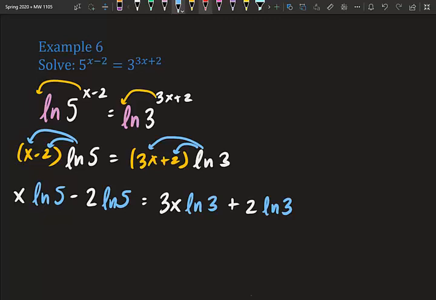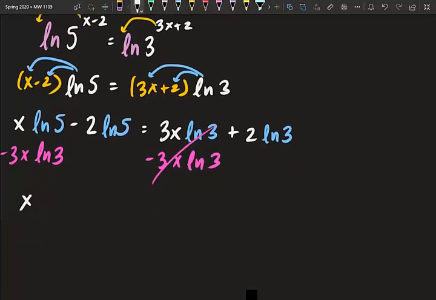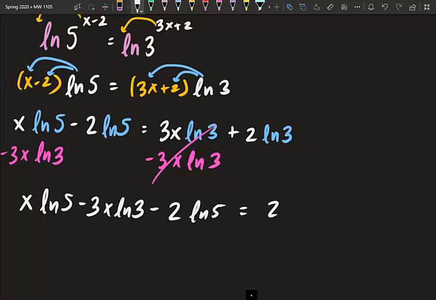So what I'm going to do is subtract 3x ln 3. And when we do, we have x ln 5 minus 3x ln 3 minus 2 ln 5 equals 2 ln 3.